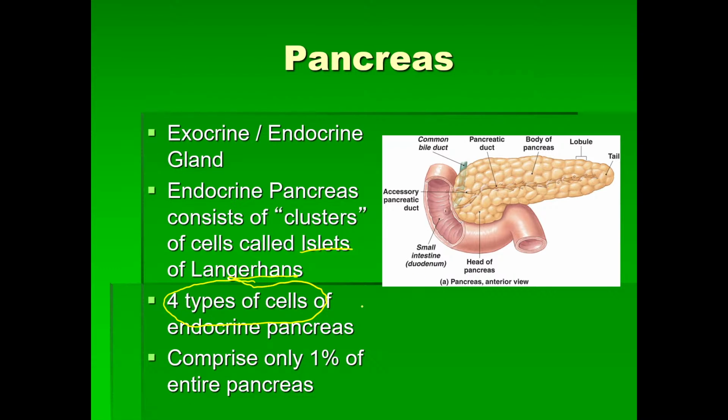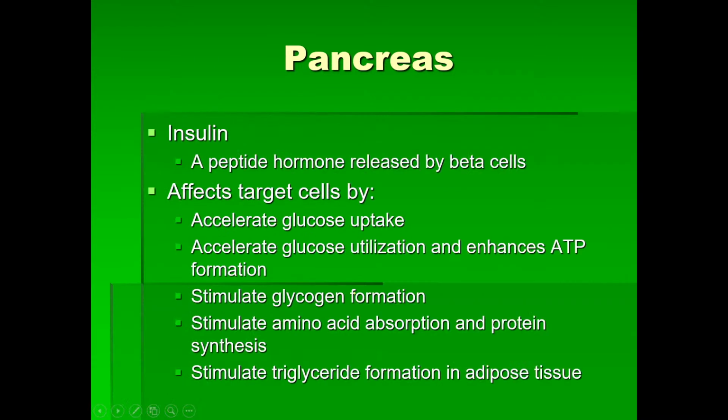These four categories are the endocrine cells of the pancreas, referred to as alpha cells, beta cells, PP cells, and delta cells. And keep in mind, the beta cells contribute 60 to 65% of the total number of cells present in the islets of Langerhans.